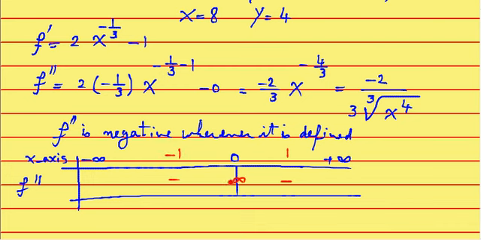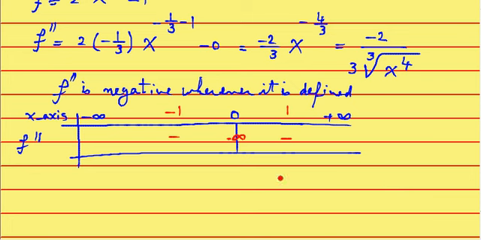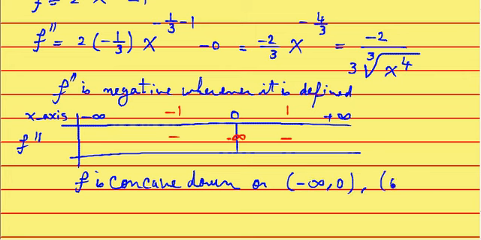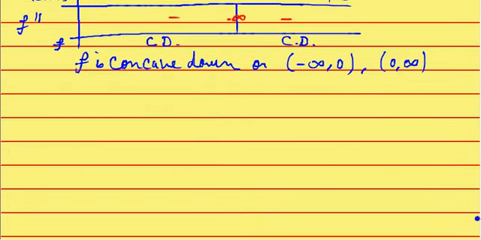Here it is undefined. It is negative infinity. What does that all mean? Well, f is concave down all the time. From minus infinity to 0, and then again from 0 to infinity. All the way here, f is concave down. Again, is concave down. How about the graph of this function?